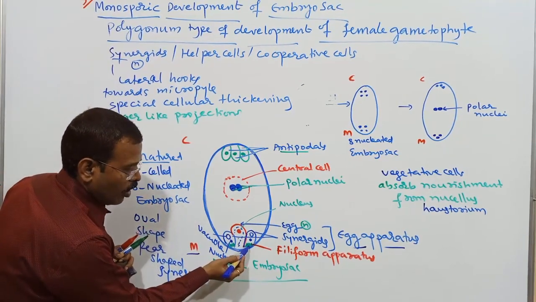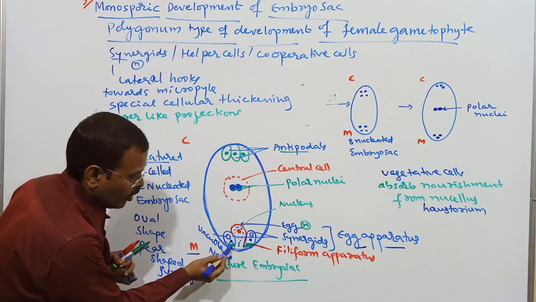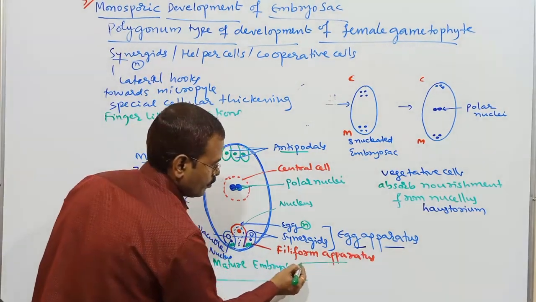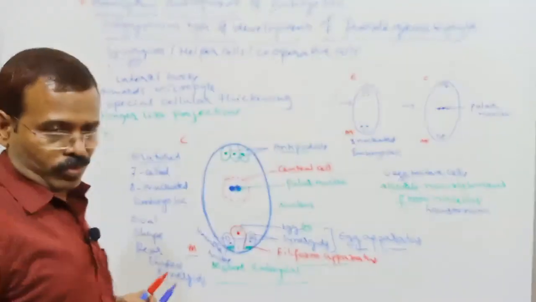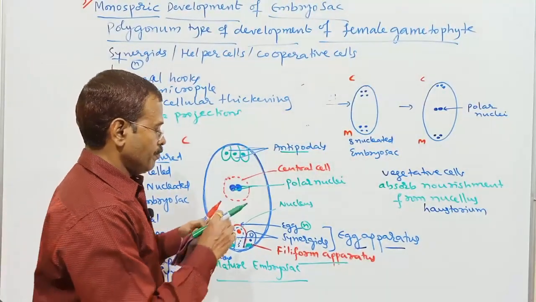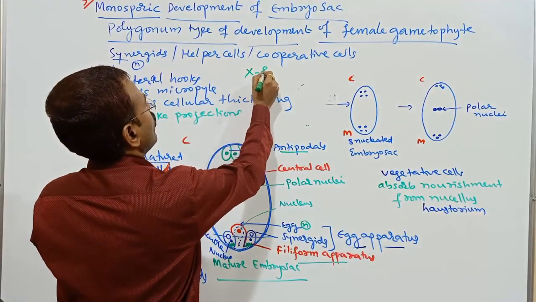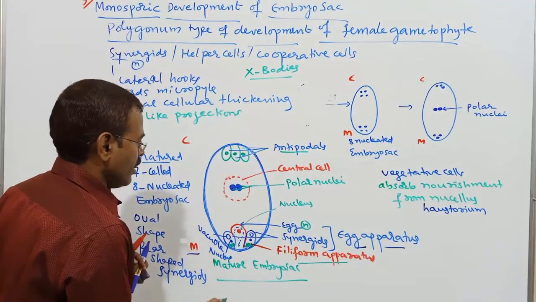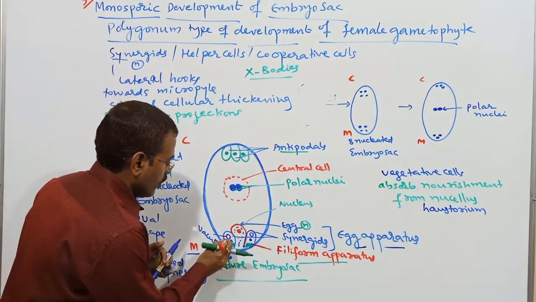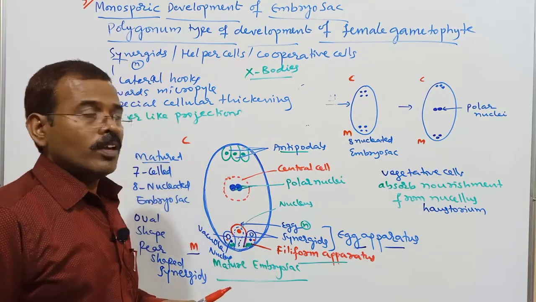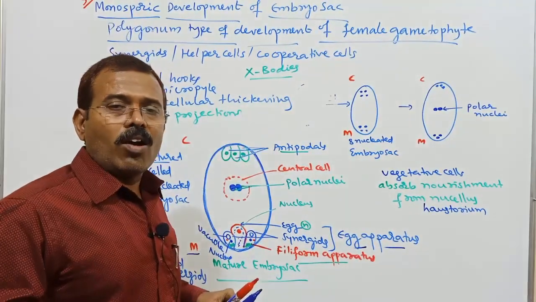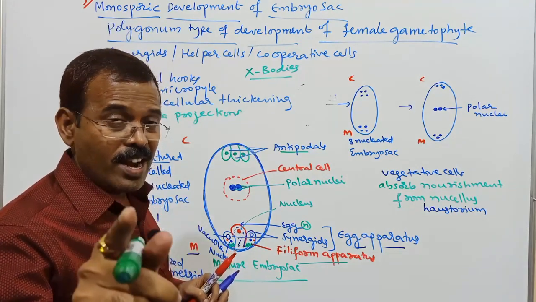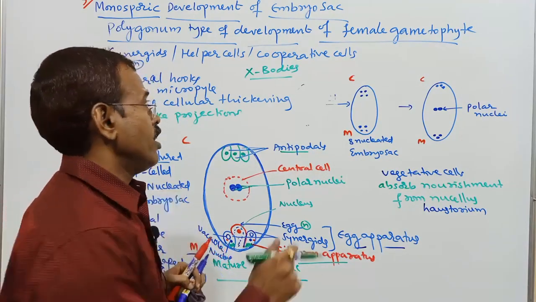These special cellular thickenings present in the synergid towards the micropyle are called the filiform apparatus. Synergids can also contain X bodies. X bodies are darkly stained DNA-containing bodies present in the synergids.